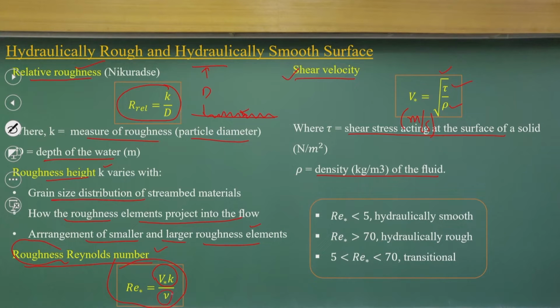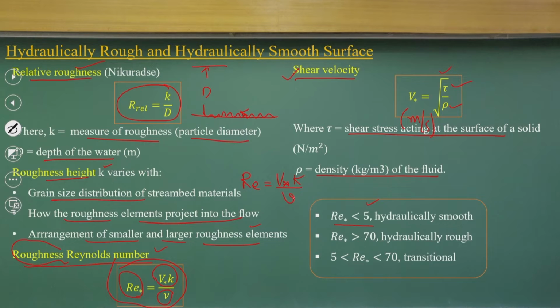We can compute the roughness Reynolds number. Let me rewrite it: V star, the shear velocity, times k, a measure of the roughness height, divided by the kinematic viscosity.